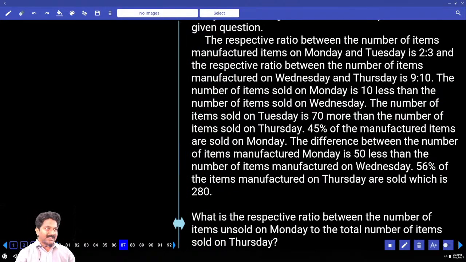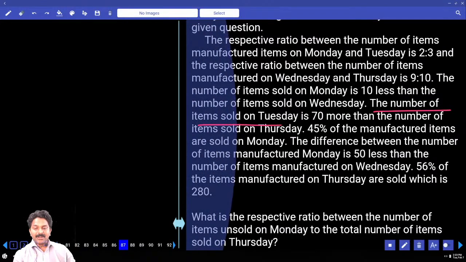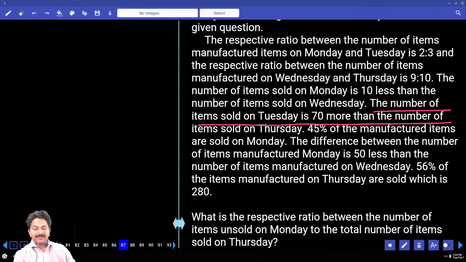No new data in terms of days. So far we have 4 days of information, manufactured items and sold items. Let's see if we have any unsold items. The number of items sold on Tuesday is 70 more than the number sold on Thursday. No new data. Correct?